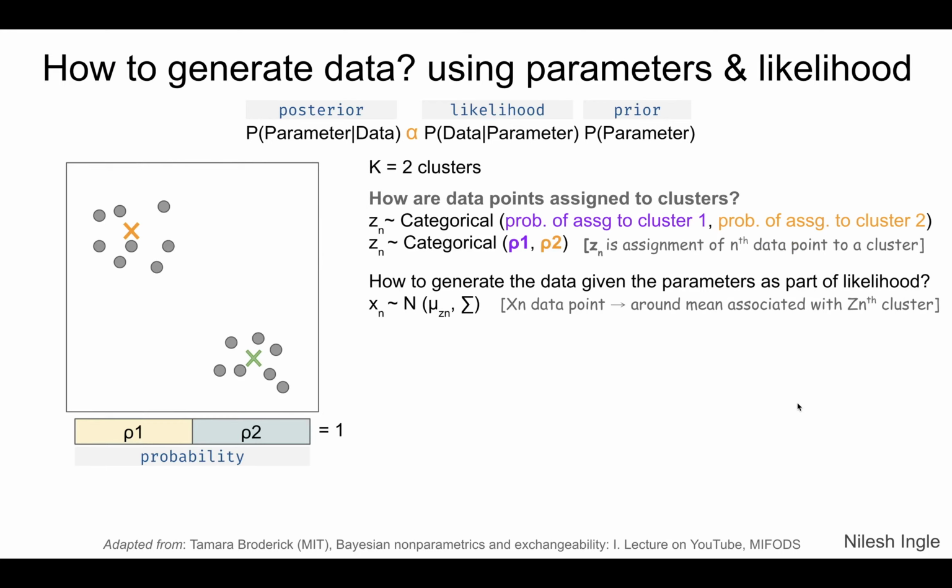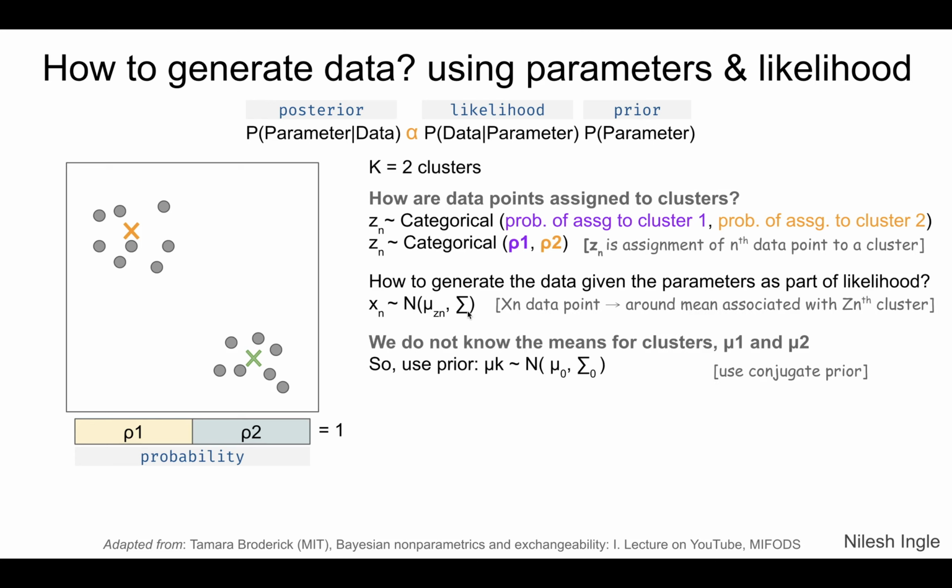Next, we can look at how we can generate data given the parameters part of likelihood. So here we can get the values for xn from a normal distribution with a mean mu for that particular zn cluster, for a specific cluster, and the covariance for that particular cluster. Now, in this particular case, what we do not know is the mean of each of these clusters. So those are the parameters.